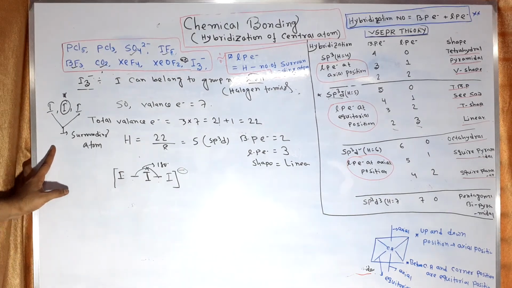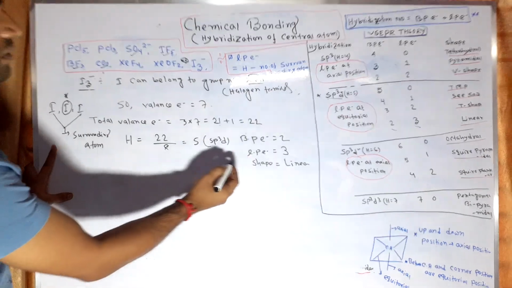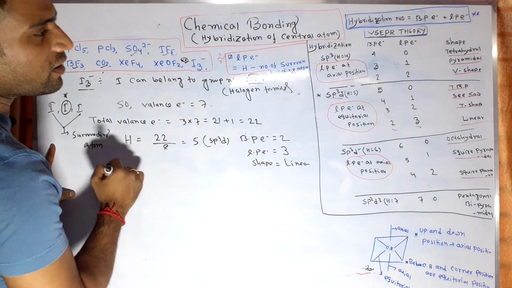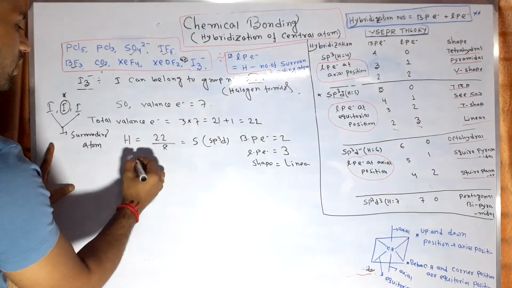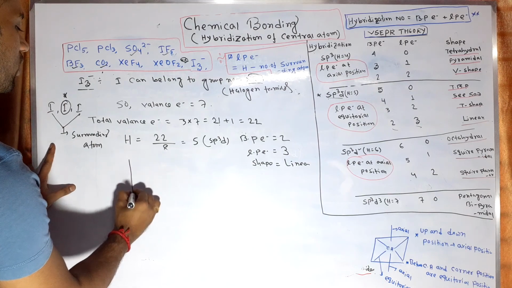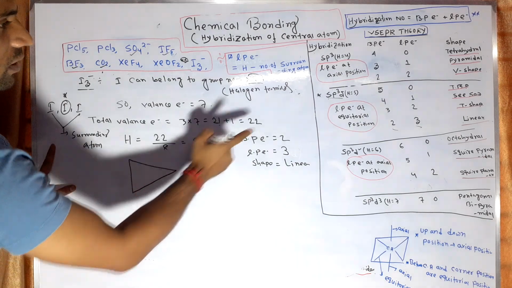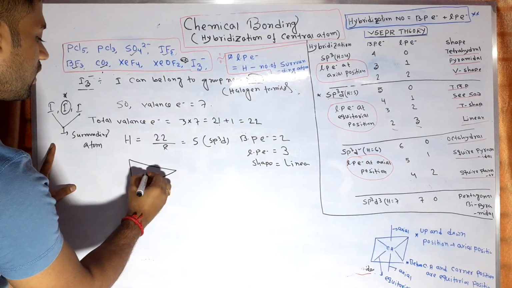That means this does not fully satisfy the process. The shape for sp3d is linear, but the structure is drawn from the geometry. What is the geometry for sp3d? Trigonal bipyramidal. The structure is always drawn from the geometry. So the central atom is iodine.